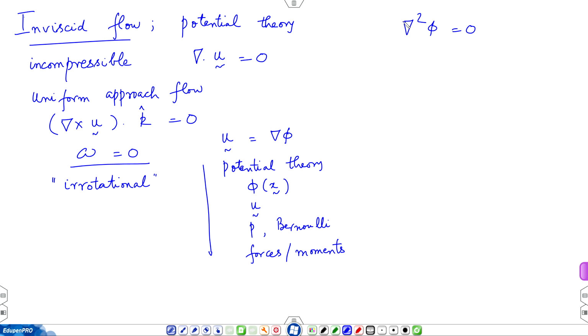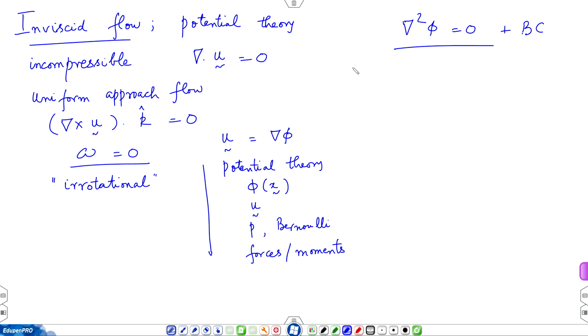So, the hardest step in this development is solving this Laplace equation for the velocity potential, along with boundary conditions.